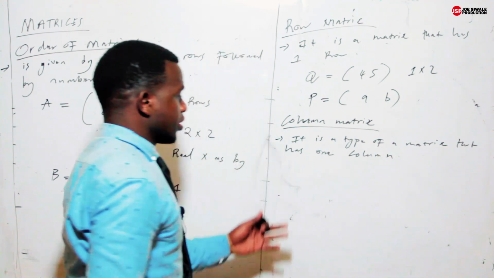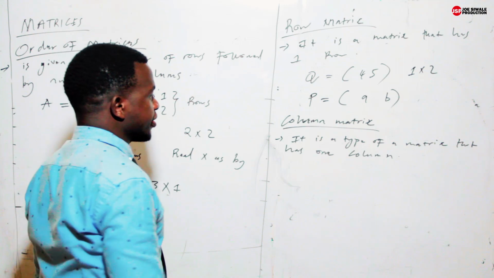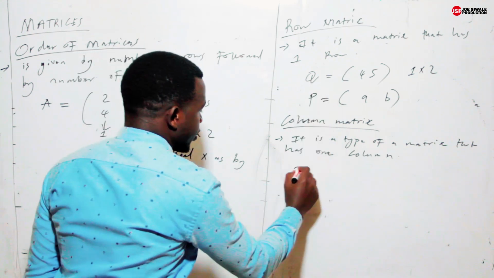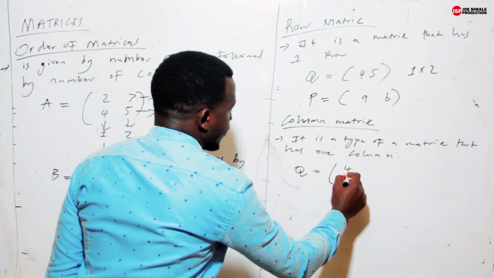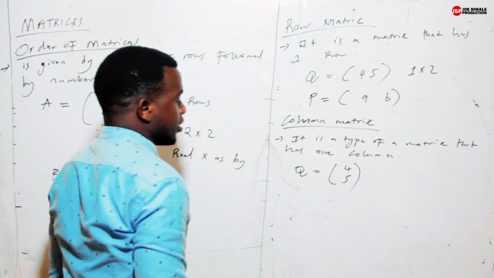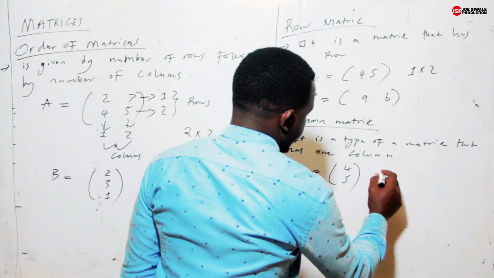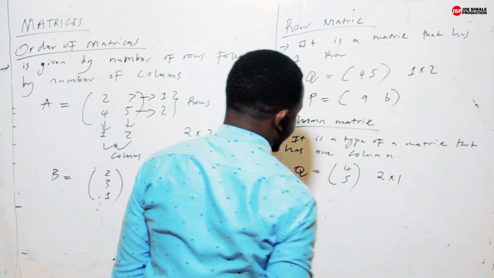And giving examples of column matrices, we can use the same one, Q. So writing this in the form of a column matrix is going to be 4, 5. In this order, we can say this is a 2 by 1 matrix.